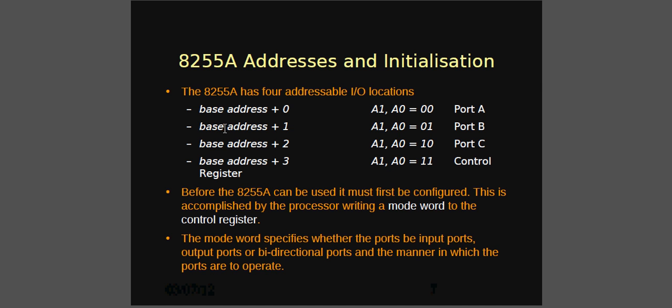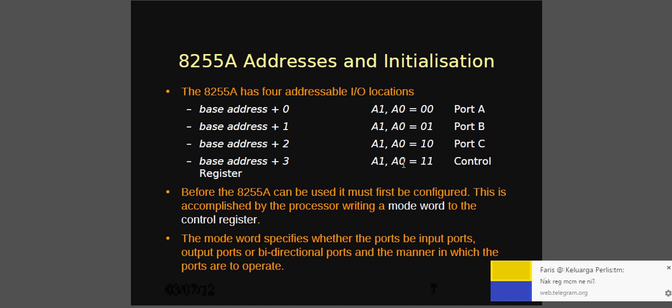Base address plus 1 is referring to your port B, plus 2 is referring to your port C, and plus 3 is referring to the control register, where we can change the setting of the 8255A chip.